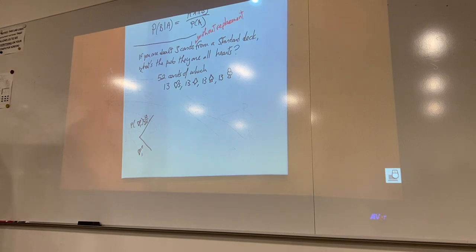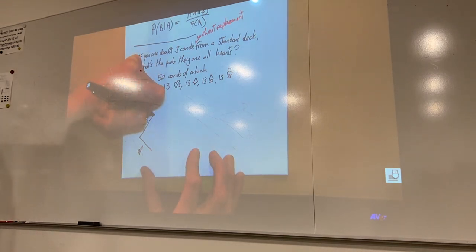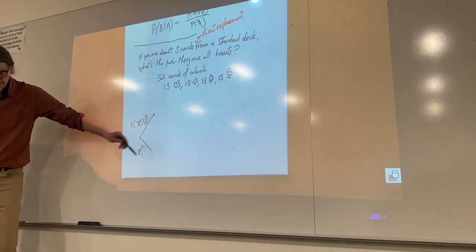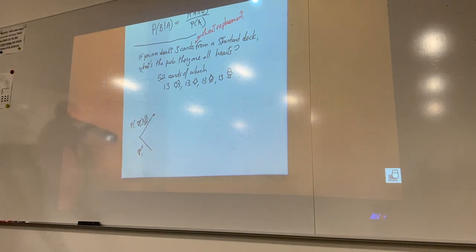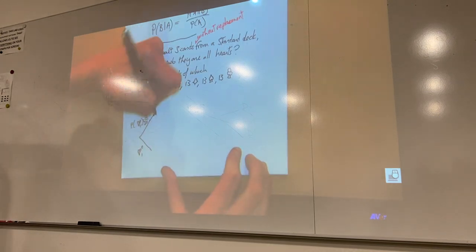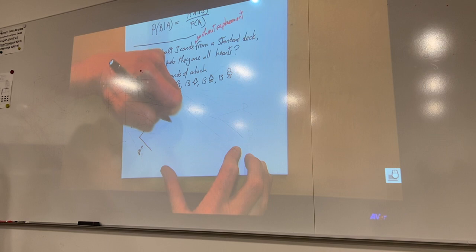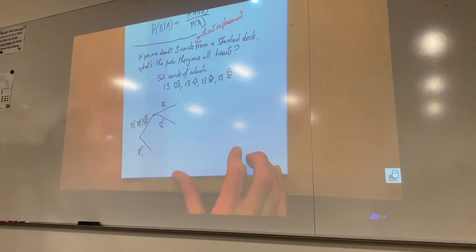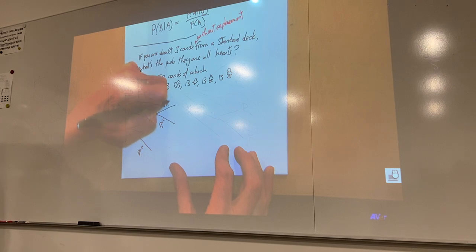As I go to plot my second card selection, I'm going to start from each of those terminal points, so there's prior knowledge being gained in so doing. The second card might either be a heart or it might not, but it's in the presence of that additional information: given the first one was a heart.